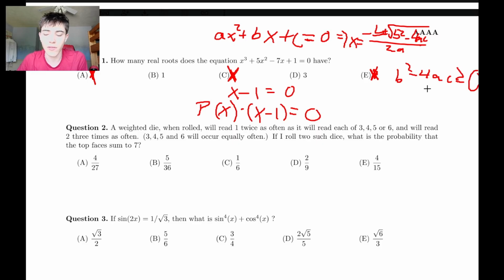Because if it's less than 0, then this is going to be negative. And so this expression right here is going to be the square root of a negative number, which would give us an imaginary answer, and thus the whole thing would not be a real number.